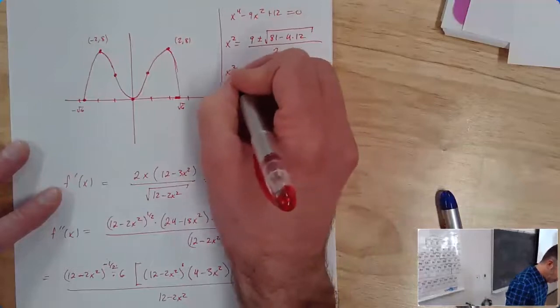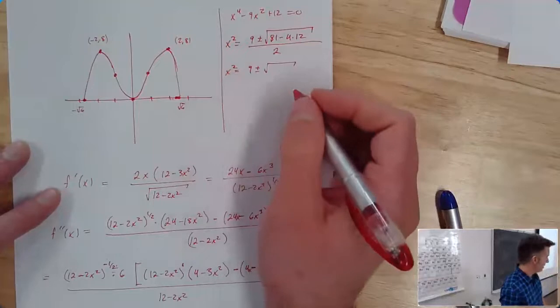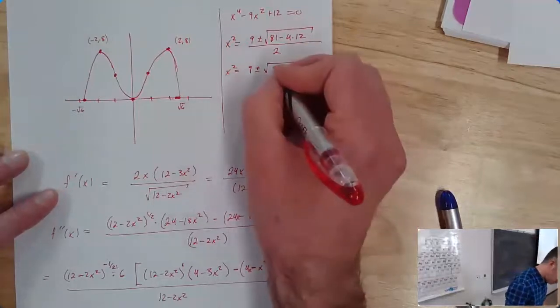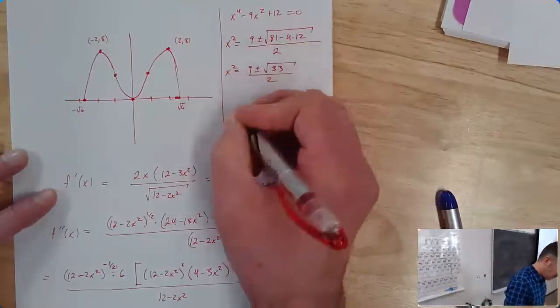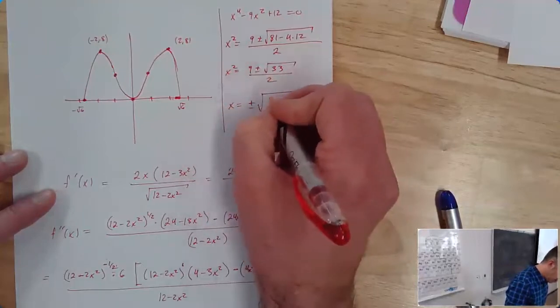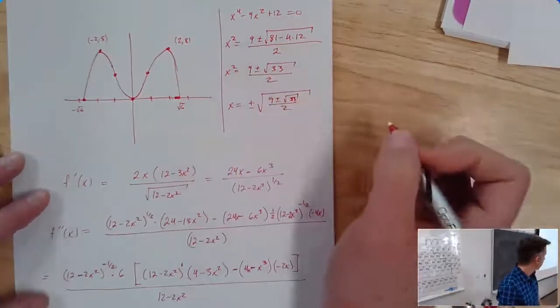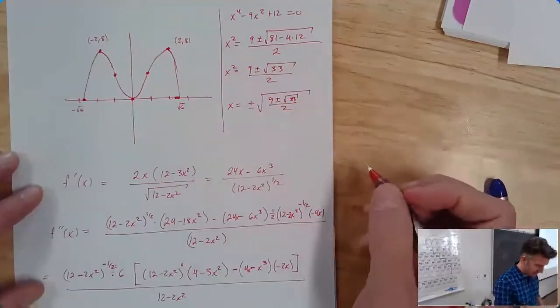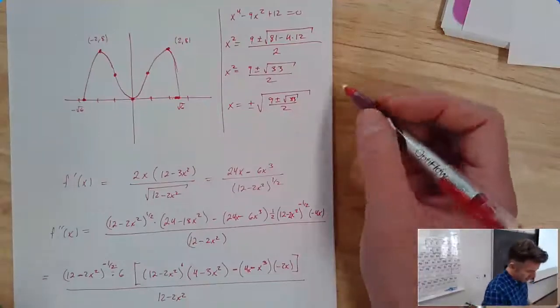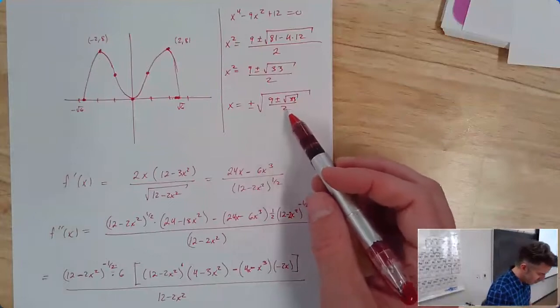I'm going to get x squared equal to 9 plus or minus the square root of 81 minus 48 is 33 all over 2. And so then x is equal to plus or minus the square root of 9 plus or minus the square root of 33 all over 2. I'm not kidding. I wasn't kidding. Really gross. Yeah, that's terrible. I don't love that at all.